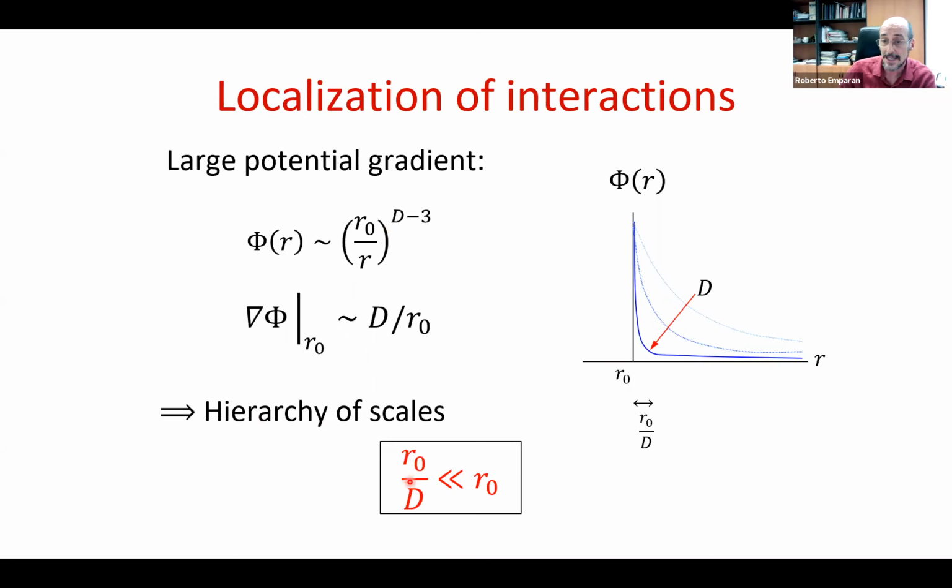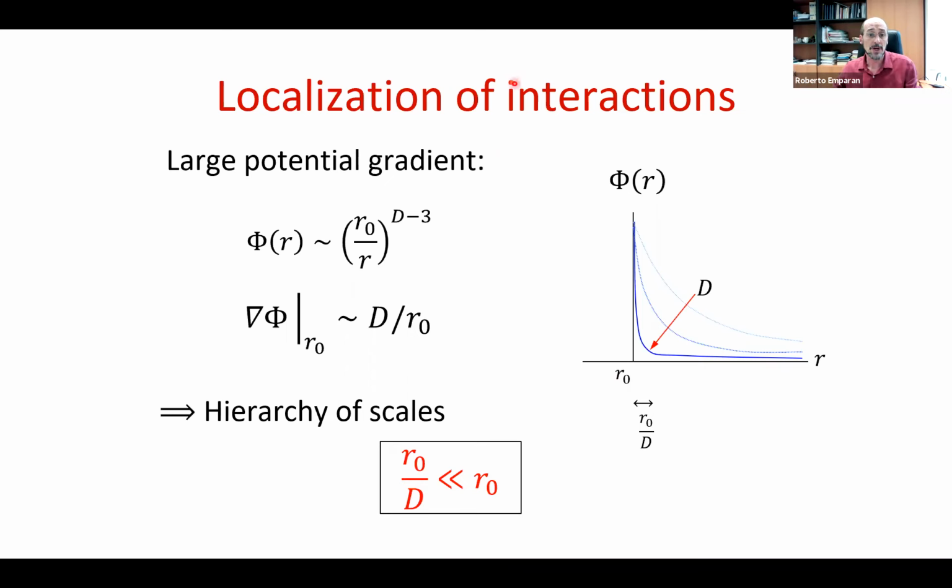Which means that D here, or 1 over D, is going to act as a small parameter in the way that we usually like in physics: it gives us a separation of scales, so that we can separate the dynamics into dynamics at one scale and dynamics at the other scale, and then we can integrate out the dynamics at the short scale and obtain effective theories for the longer distances. This is something that we will see more explicitly in a few minutes.